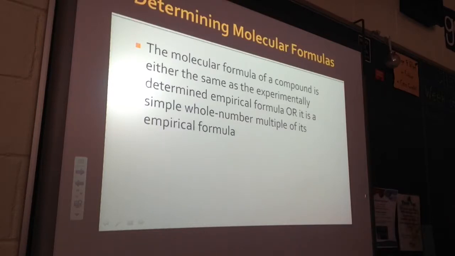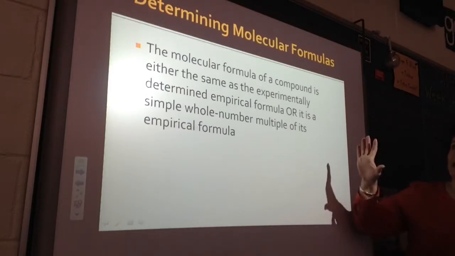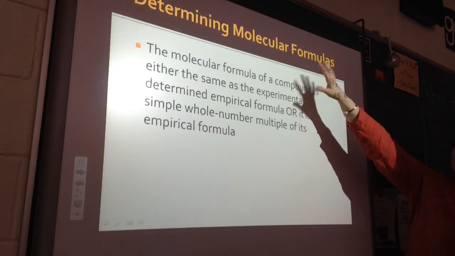What we did on Friday was we learned how to determine, if we have a substance and we're not sure what it is, how much of it is this element and how much is that element, and then say the formula is this. Mathematically, we can determine that. We can do the same thing for a molecular formula.